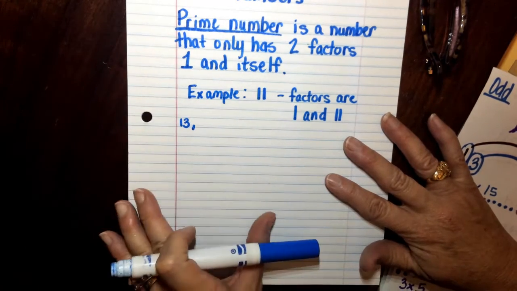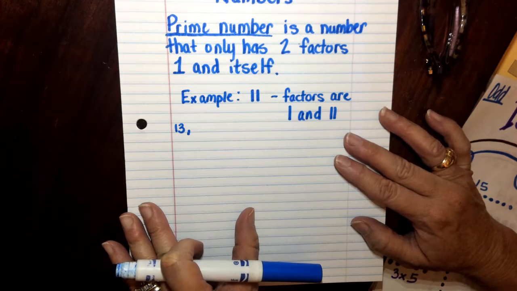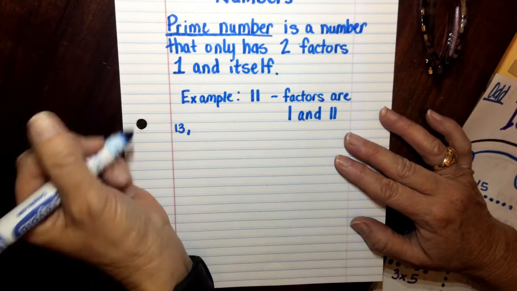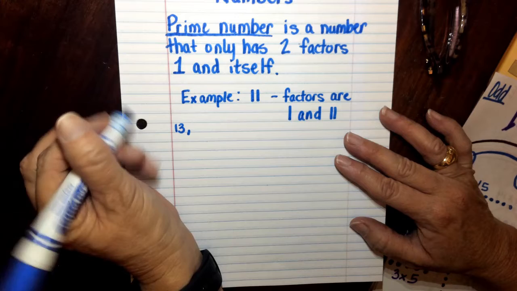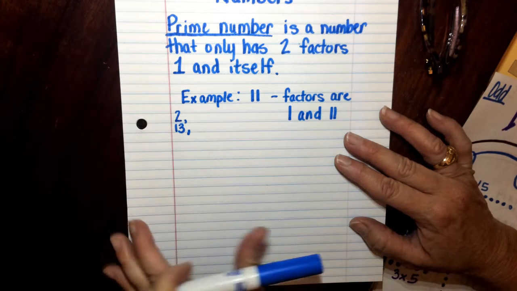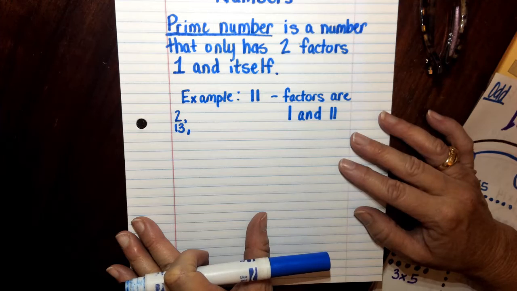So I'm going to go ahead and give you a list of numbers that go up to the number 50 that would be considered prime. This would be a quick reference list. So the number 2 is the only even number that is considered prime, because the only factors for the number 2 are 1 and itself.